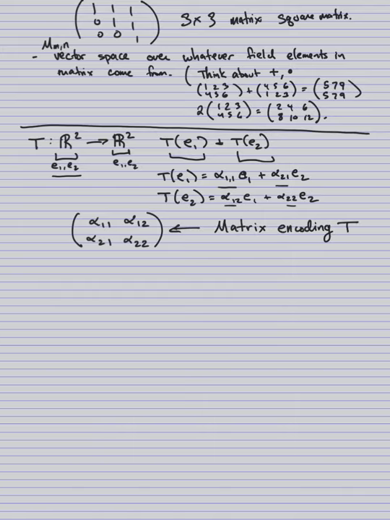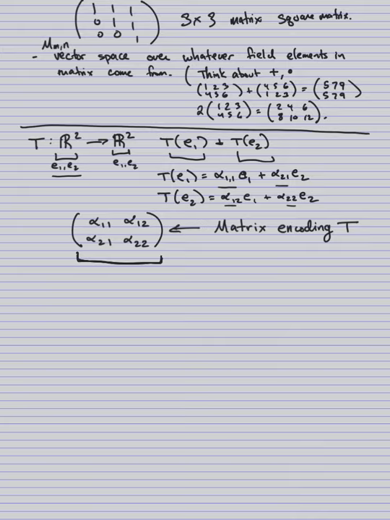Okay, so now we have some sort of representation of the linear transformation. Of course, it's also convenient to be able to work with these matrices. So we can just compute using a matrix what this linear transformation does, right? That will be convenient for us to do.